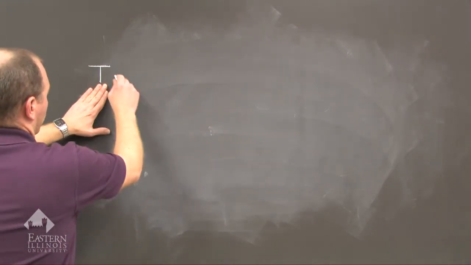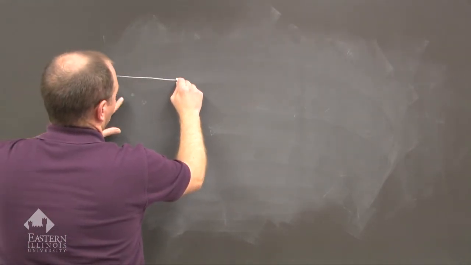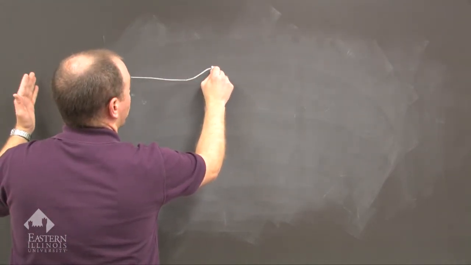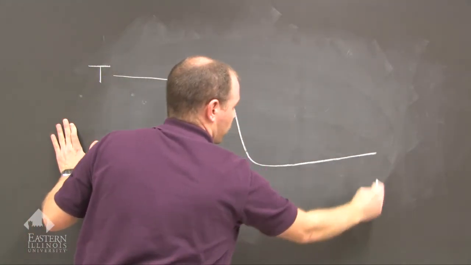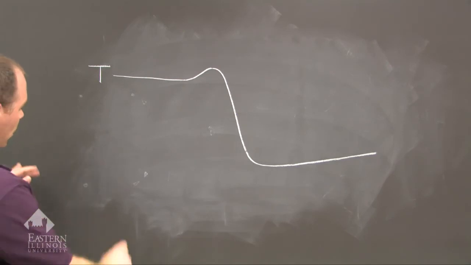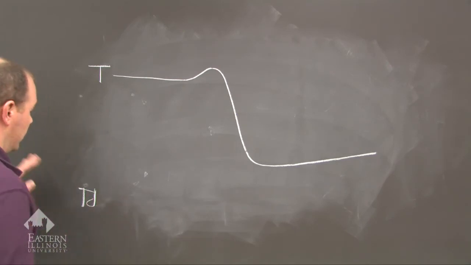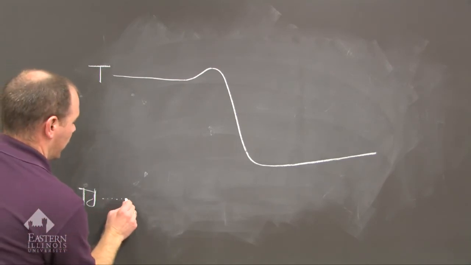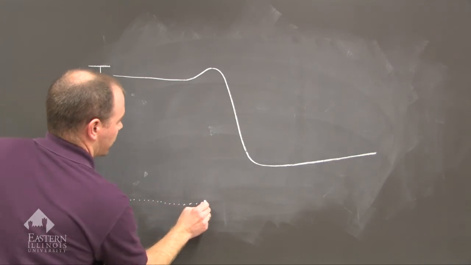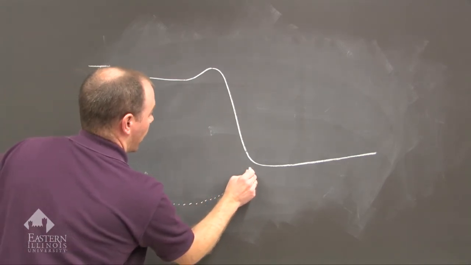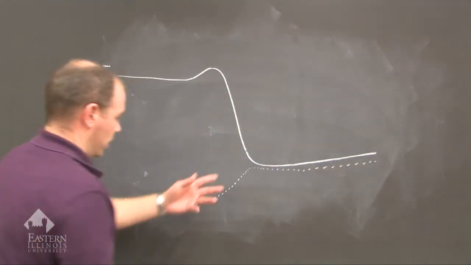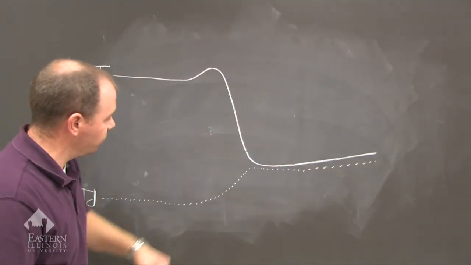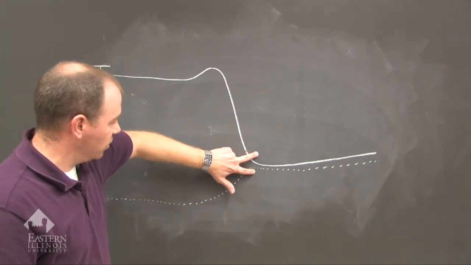So you have temperature. Temperature follows along, and then all of a sudden there's a slight increase and then a decrease, and then it levels out. Dew point, TD, begins here, and then all of a sudden it starts to rise towards the temperature, and then it meets here.